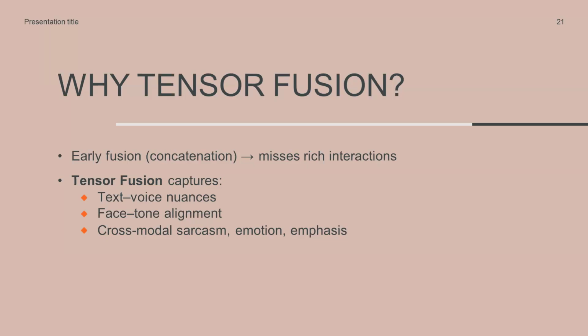Tensor fusion captures nuances like sarcasm or excitement that come through tone, facial expressions, and face-tone alignment, like smiling while speaking softly versus loudly. It also helps model complex behaviors like cross-modal sarcasm, emotions, and emphasis.